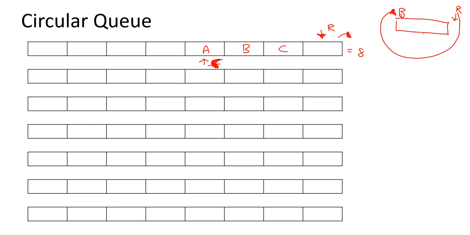Not to the front, because hopefully the front is somewhere else, but to the front of the array, to array position 0. So it wraps around, and the same happens if the front pointer would get to there. It'd wrap around and go back to the start, in what can be visualized as a circle.